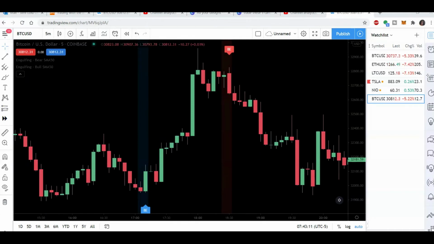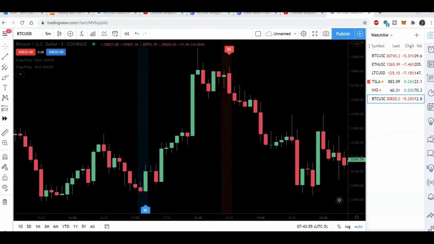Now, at this point, I would want to mention that there is no one perfect indicator. So you never ever want to enter into a trade or exit a trade based on only one indicator. It's good to always pair up your indicators or to use more than two indicators to confirm the engulfing candlestick signal.